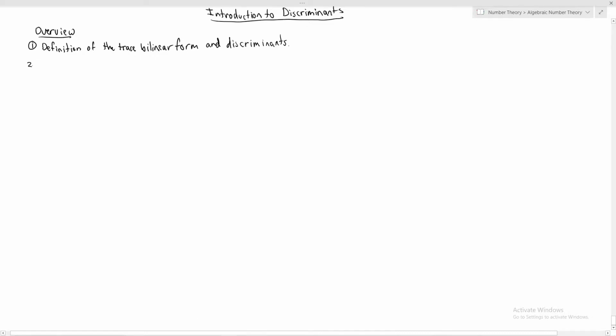Okay. And the second thing is we're going to prove a proposition which tells you how to use, this is one of the main reasons the discriminant is useful, how to use the discriminant to tell if a collection of elements form a basis.